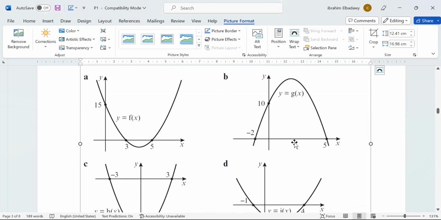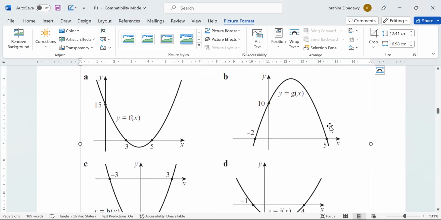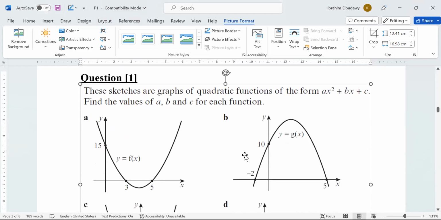Okay, let us start with number A. For number A, he gave you x-intercepts 3 and 5, and at the same time, he gave you the y-intercept. In the beginning, how can I get the formula for the function? Here, he didn't give you anything related to a minimum or maximum point.